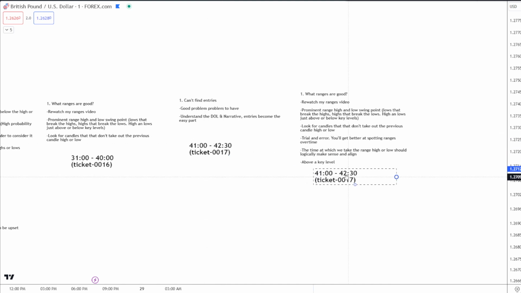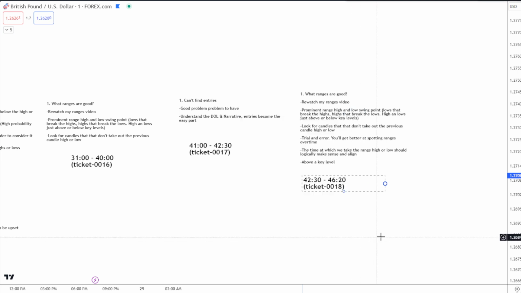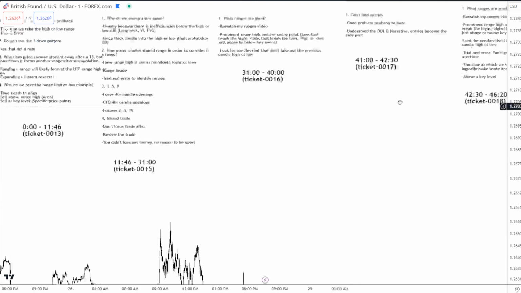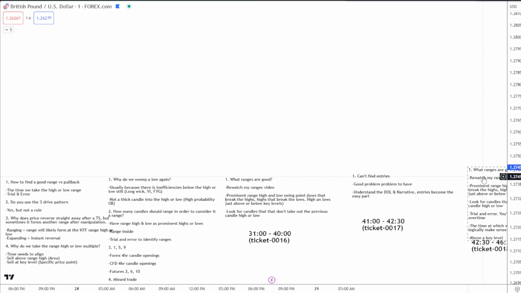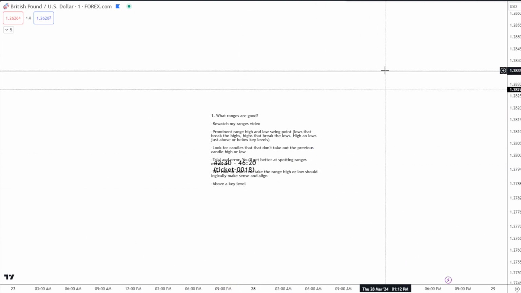That's basically this ticket 18, from 42.30 to 46.20. Okay, running out of room here. Gotta go up. $46.